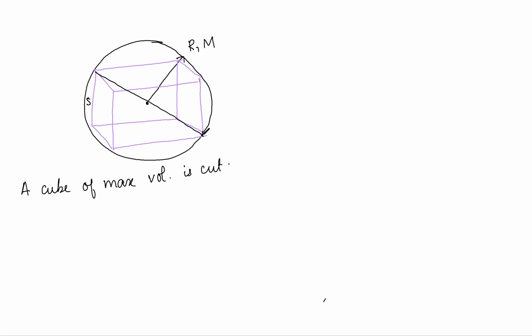The diagonal of the cube is going to be √(S² + S² + S²), so S√3. Just letting you know, for those who are not so good with geometry, the diagonal of the cube will be equal to S√3. This has to be equal to the diameter of the sphere, so S√3 = 2r. So S = 2r/√3.